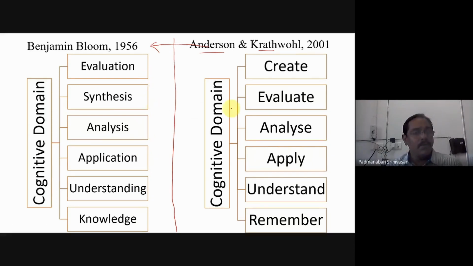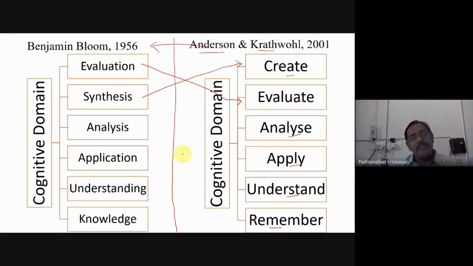This cognitive domain has been revised, and the names are: remember, understand, apply, analyze, evaluate, and create. Synthesis has been put at the last and changed into create, and evaluation has been moved down a step.